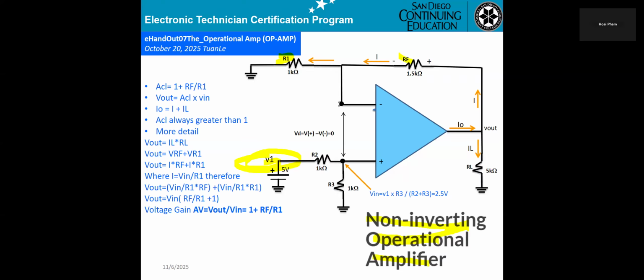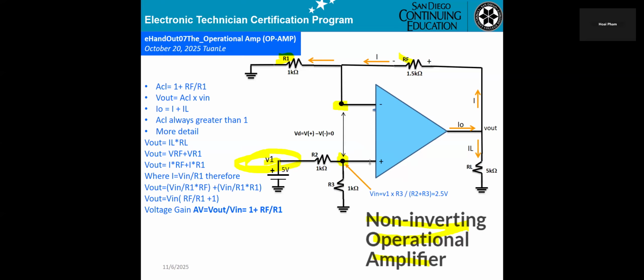This point connects to the negative, and this point connects to the positive input. That means the difference between the positive and negative inputs equals 0, so they will be the same.